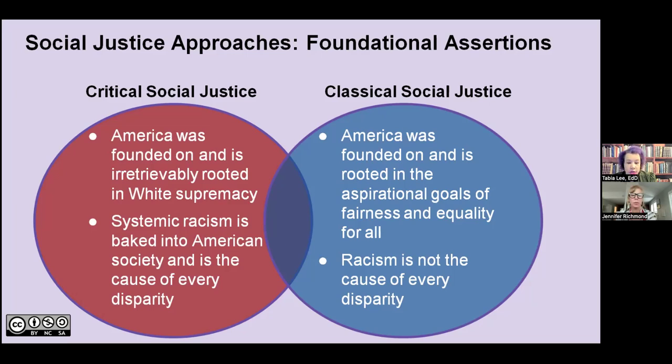Working from a classical social justice perspective, your foundational assertions may be quite different, in that instead of being founded on white supremacy, America was founded on and is rooted in the aspirational goals of fairness and equality for all. And also, another foundational assertion you may have, if you're working from a classical perspective, is that racism is not the cause of every disparity.